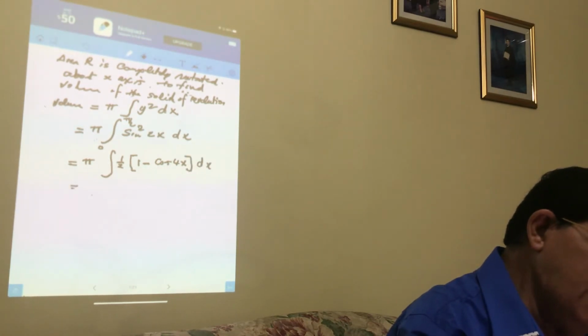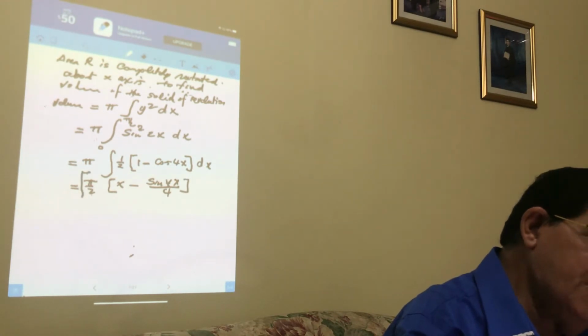Therefore, it will be pi over 2 outside, and we are going to integrate 1 minus this. The integration of 1 is x, minus sine 4x over 4. And we put the limits from 0 to pi over 2.